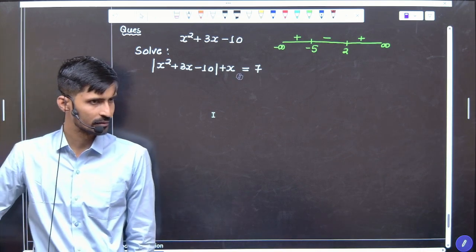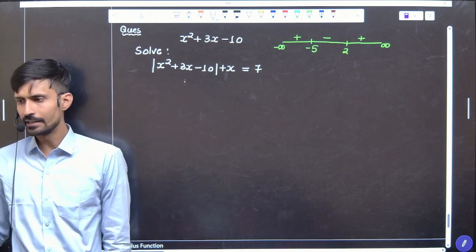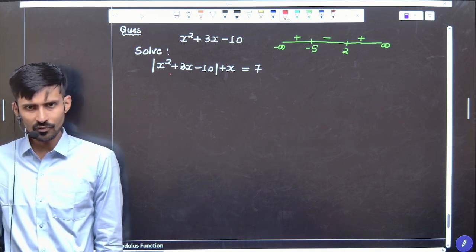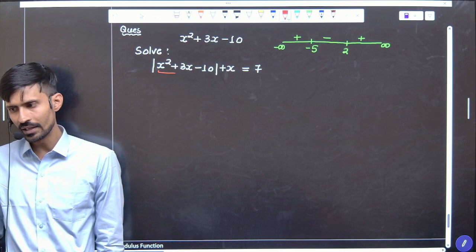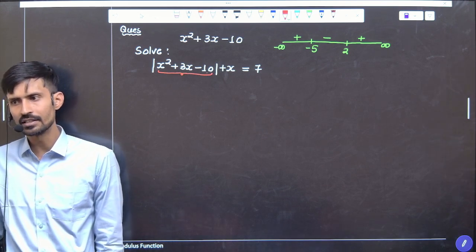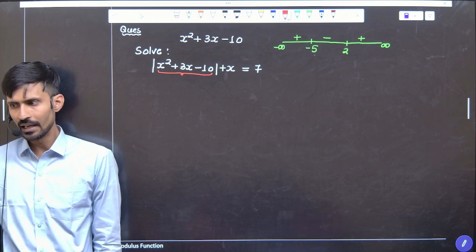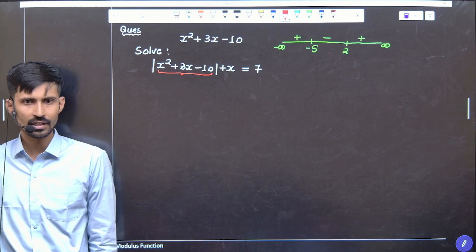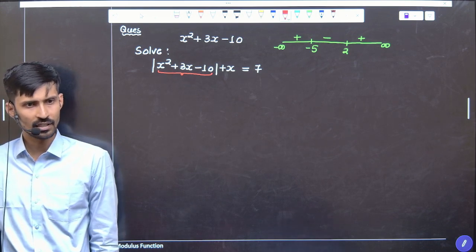This is the question. So you can see directly here, sir, if this is the question, then what is the first step? We have to find when this term will be positive and when this term will be negative, and that we have already drawn on the number line. Yes?